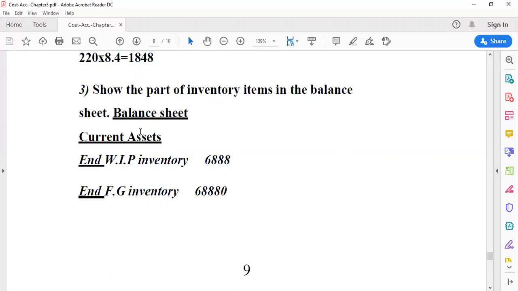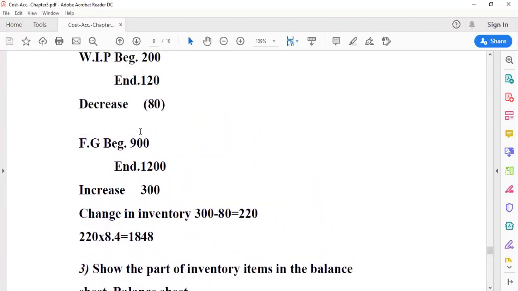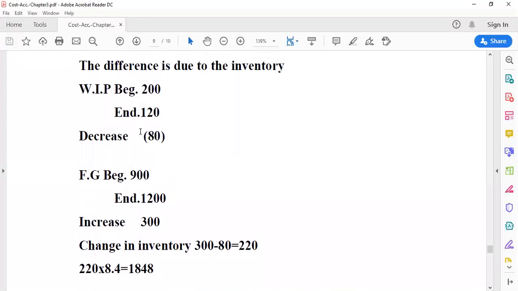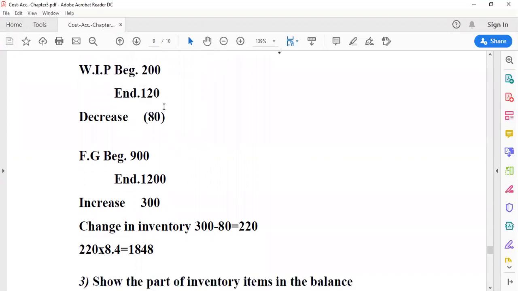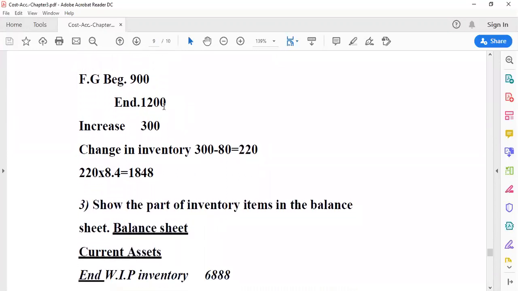If you go back to your example, you will get that the ending equivalent work in process is 120. Okay, and here the ending balance of finished goods is also 1200.